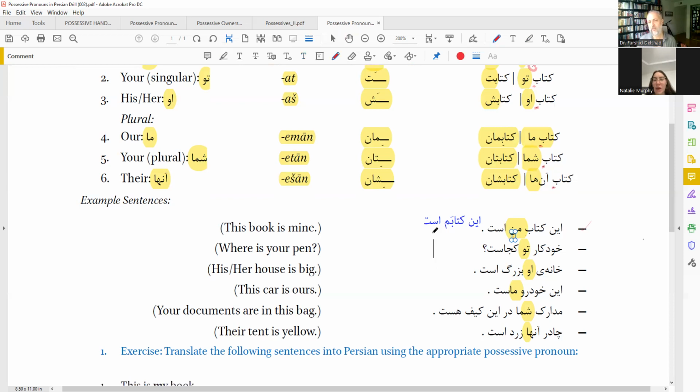Khodkar-e to. Oh no, khodkarat kojast. Exactly. Khodkarat kojast? Does it make any difference in meaning? The answer is no. Khodkarat kojast or khodkar-e to kojast?